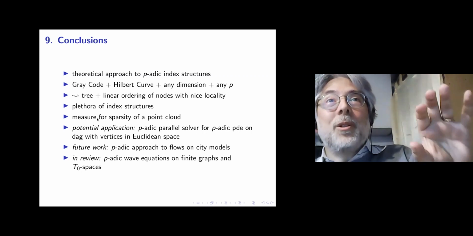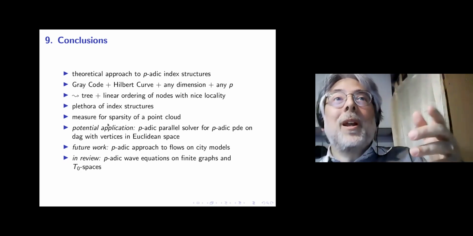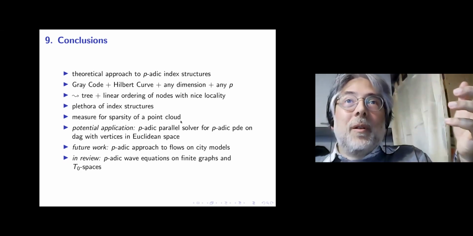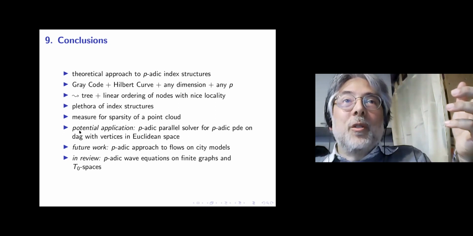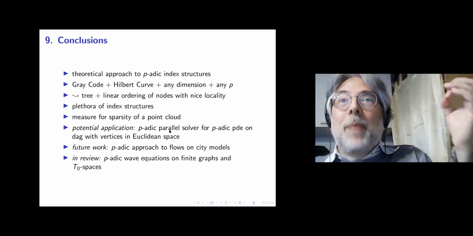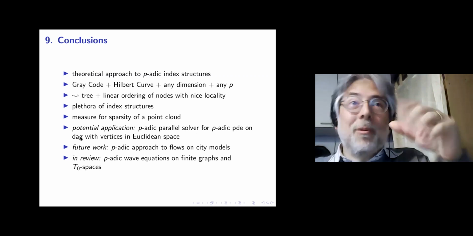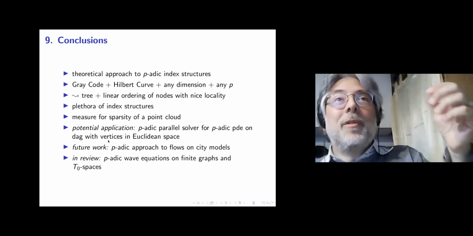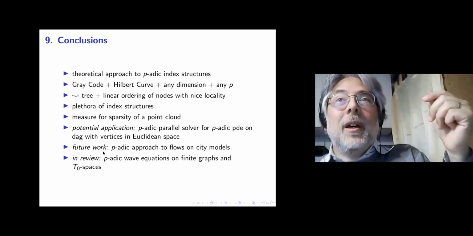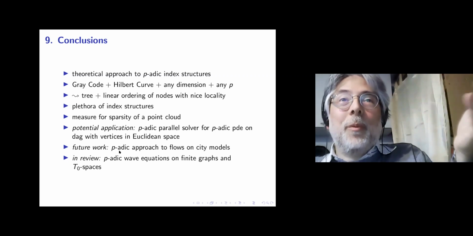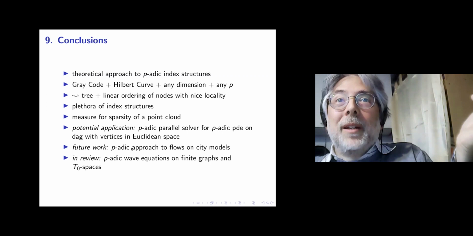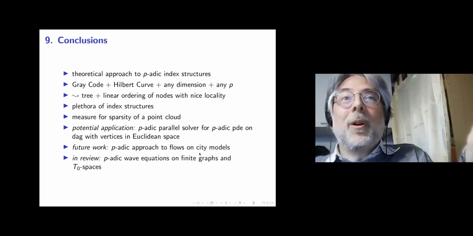And we have a measure for the sparsity of a point cloud, and a potential application would be a p-Adic parallel solver for p-Adic partial differential equations on graphs or DAGs with vertices in Euclidean space. And future work, which we hope to have, is a p-Adic approach to flows on city models.